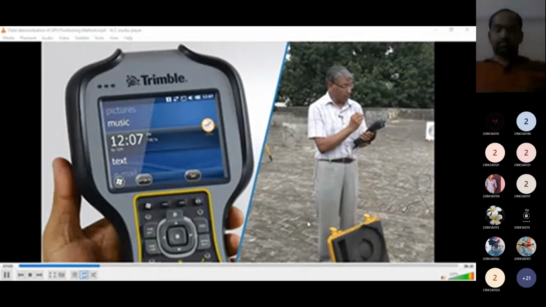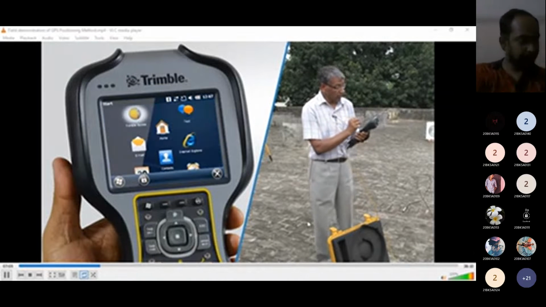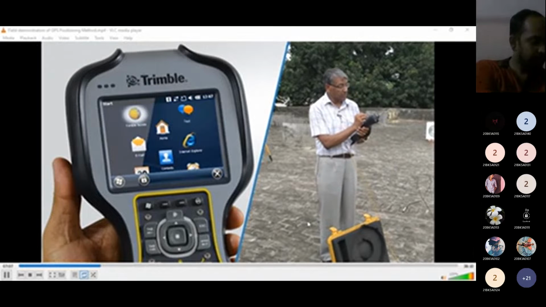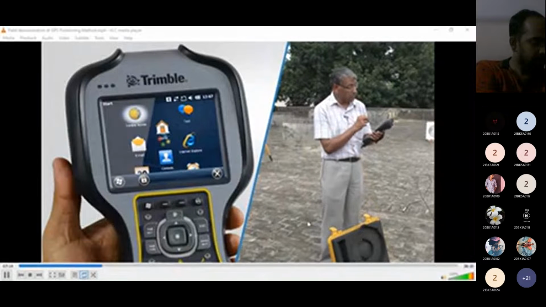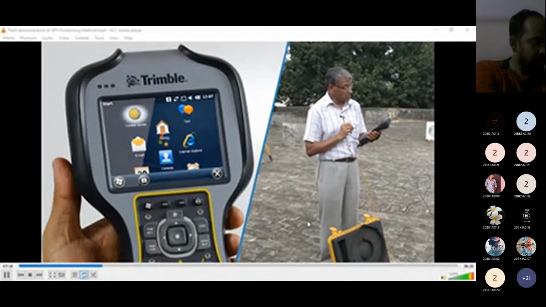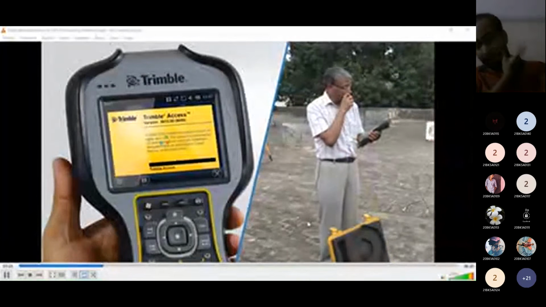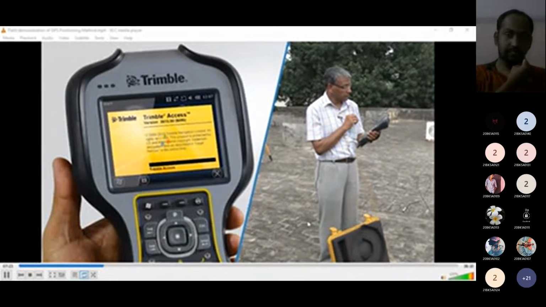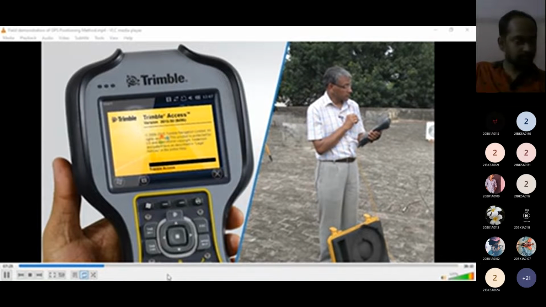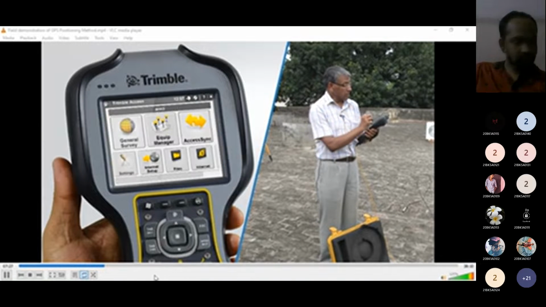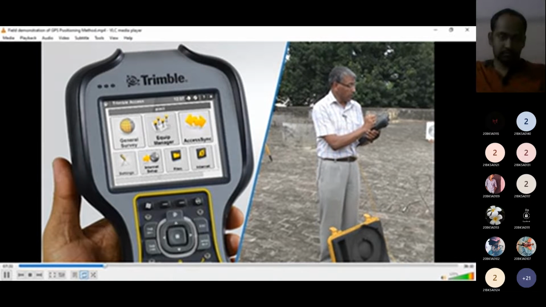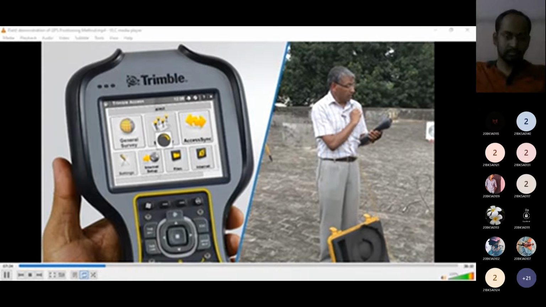Now from the start menu we can go inside and see Trimble Access, the field software to be used for our surveying work. So this is to be opened. Now it is opening. This is the first menu. Now we have to open the general survey.